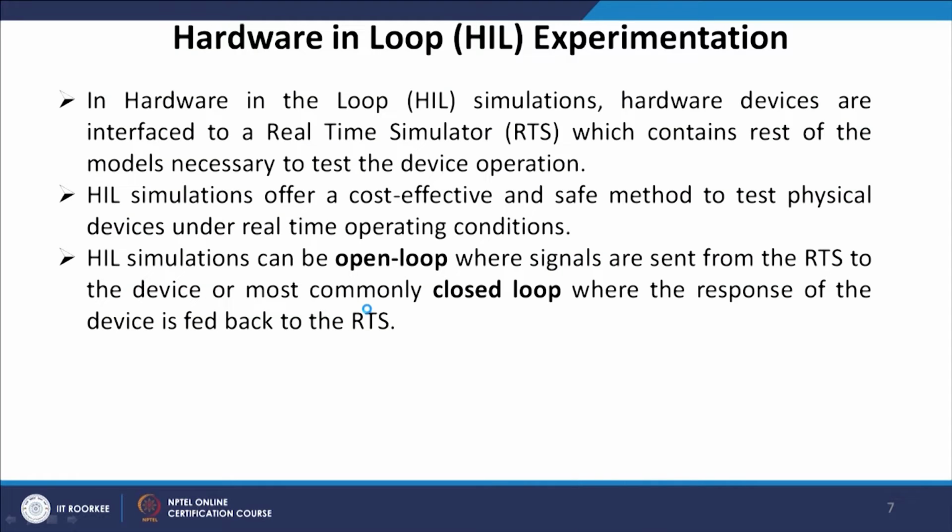In case of open loop type, the signals are sent from the RTS to the device, whereas in case of closed loop, the response of the device is fed back to my RTS. So, we do have two types of HIL, one is closed loop and the other one is open loop.